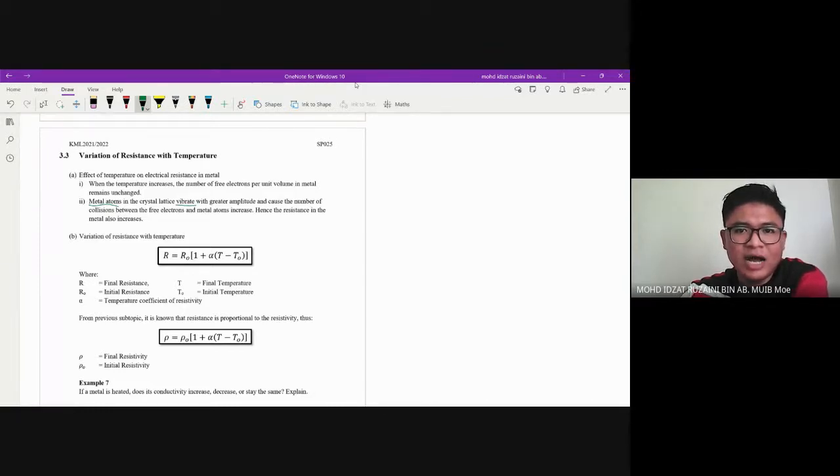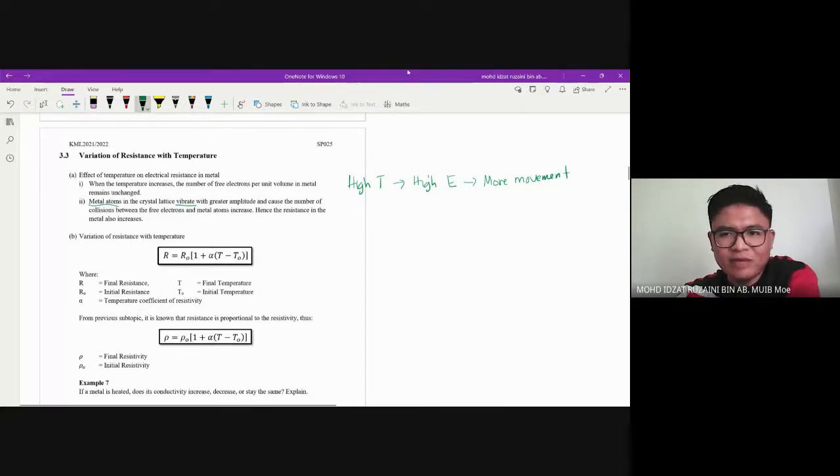Okay, so high temperature, high T means that high energy. Okay, so high energy means that more movement lah. Ataupun atom tu dia akan vibrate. Okay, more vibration lah.